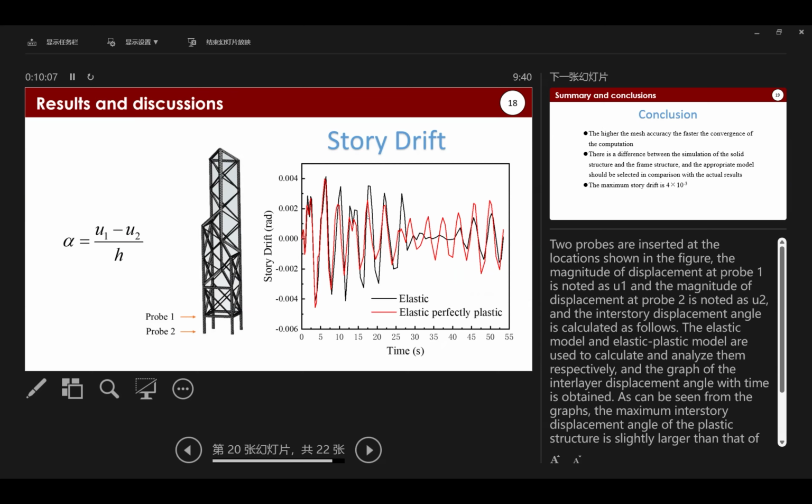From the graphs, it is evident that the maximum interstory drift angle for the plastic structure is slightly larger than that of the elastic structure, but remains within the safe range, indicating the model's stability and safety.